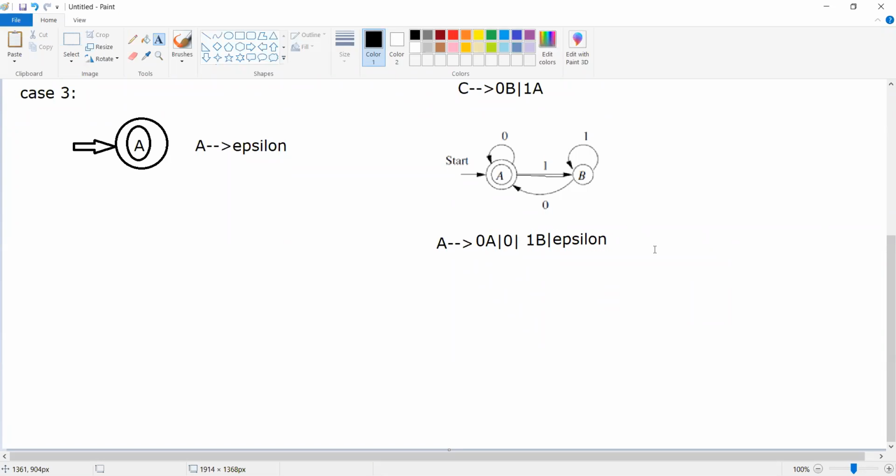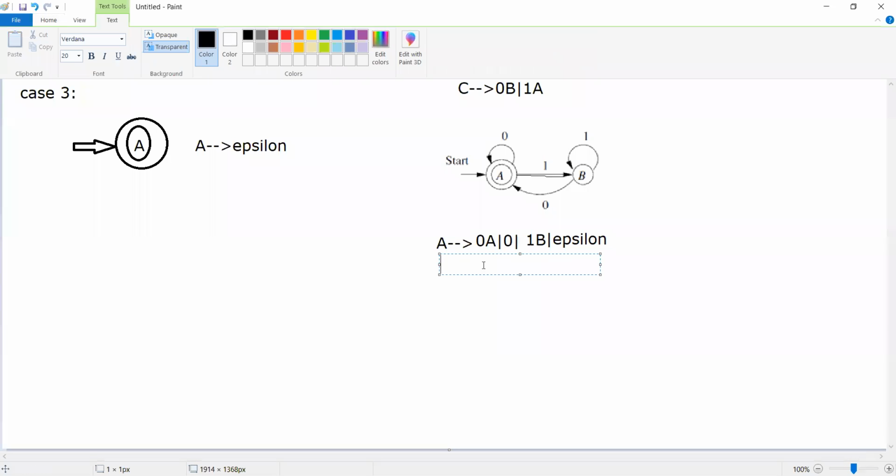So totally with A, we will be having four different productions. One is with 0 by considering A as a non-final state, and one by considering A as a final state, one is with the input symbol 1, and the last one, as the initial state itself acts like a final state, is the epsilon production.